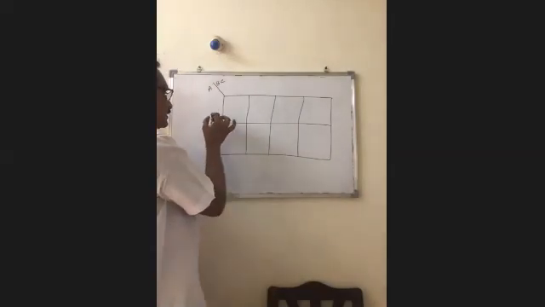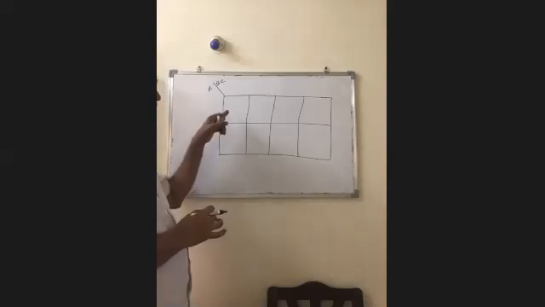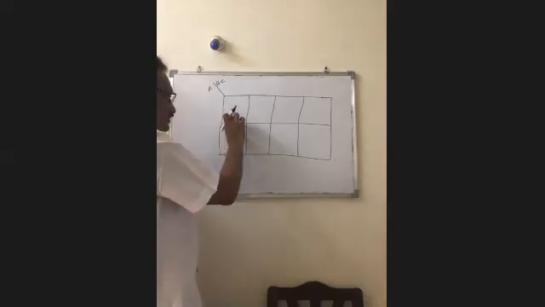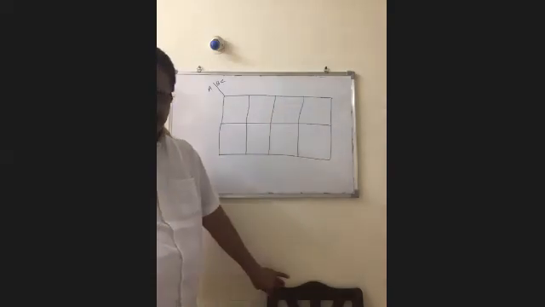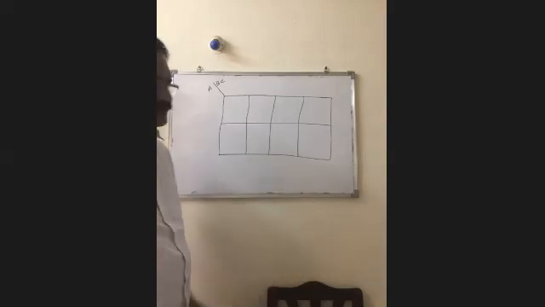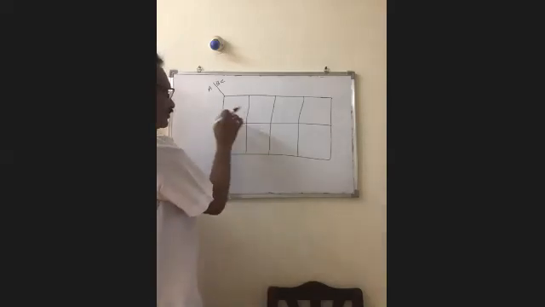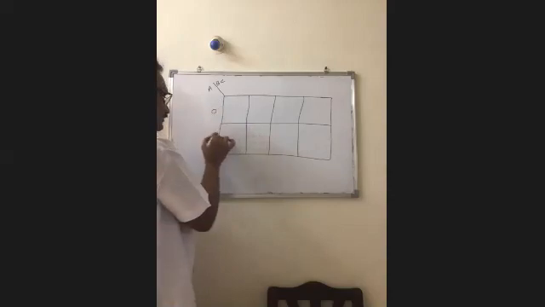In this one there are 2 rows and 4 columns. Adjacent to this row is 0 and to this one is 1.